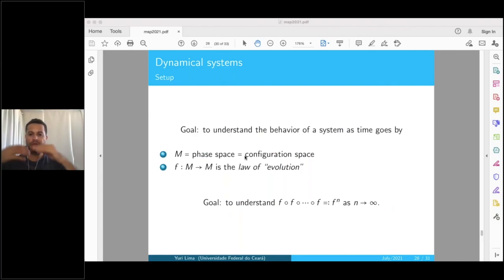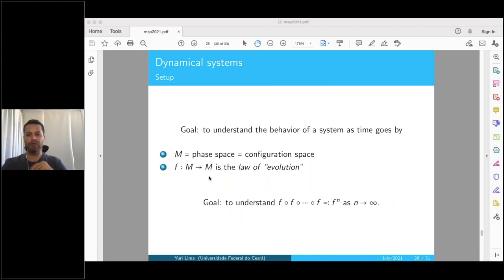Well, but your system is changing over time. So how does it change over time? Well, then you should also have what I call here the law of evolution, which is just, from a mathematical point of view, a function that gets a position of space and associates another position of space.